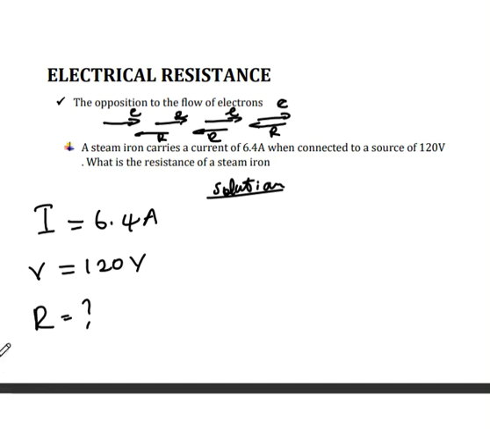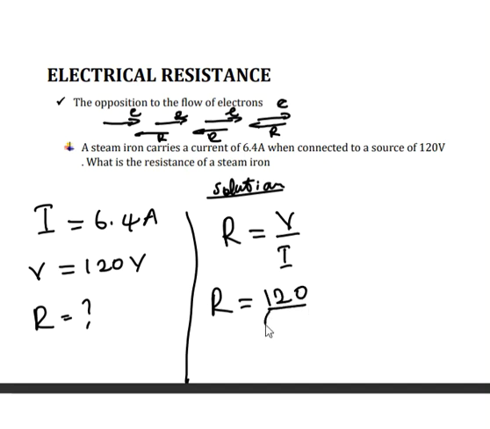So timagwiritsa ntchito Ohm's law, ndeti tikhala ndi resistance is equal to voltage over current. So tingopanga substitute, pamene pali V tikapo 120, pamene pali current tikapo 6.4. So tizakhala ndi resistance is equal to 120 over 6.4.